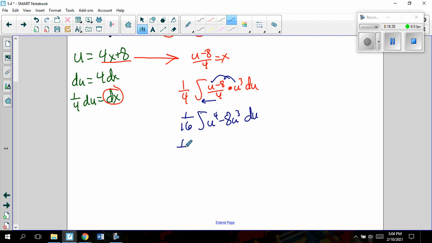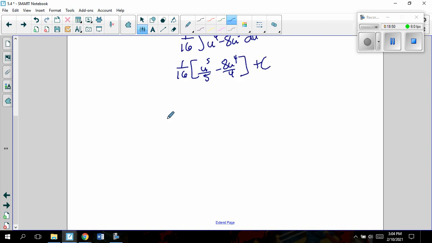Okay, so taking my antiderivative now, I'm going to power up to the 5th over the 5th, power up to the 4th over the 4th, plus c at the end. Okay, putting that u back in, or x back in for u, I should say.